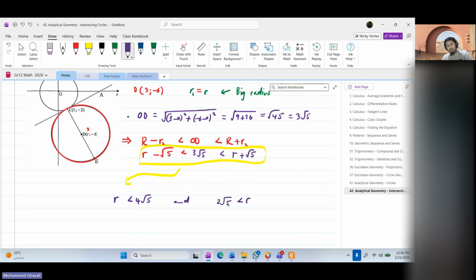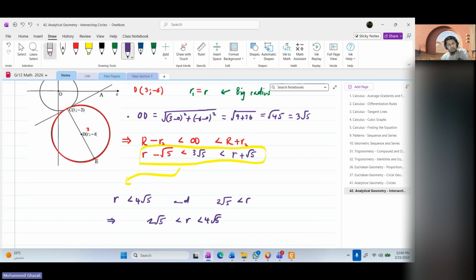So basically the value of R must be between 2 root 5 and 4 root 5. This says R must be greater than 2 root 5 and this part says R must be less than 4 root 5. You need to combine the inequalities.